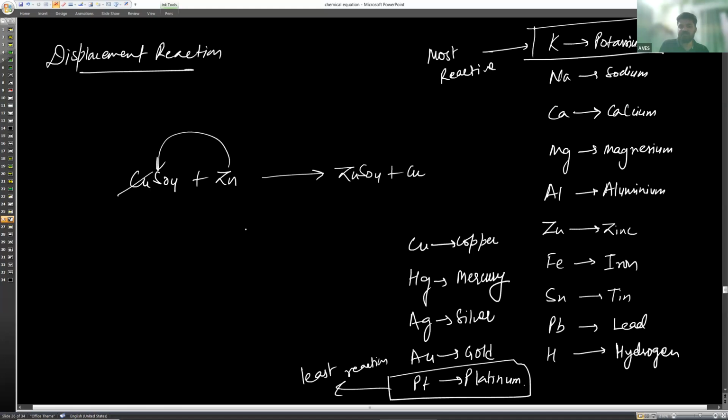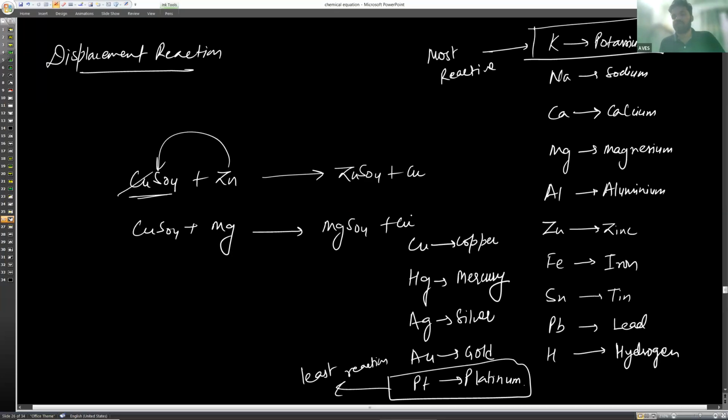So if a more reactive element is added to the compound of a less reactive element, then it will displace it. Okay. So this is the reaction. For example, if I add magnesium to copper sulfate solution, it will form magnesium sulfate, MgSO4, plus copper. If you take iron sulfate solution, FeSO4, and you add zinc to it, it will displace the iron because zinc is more reactive than iron.